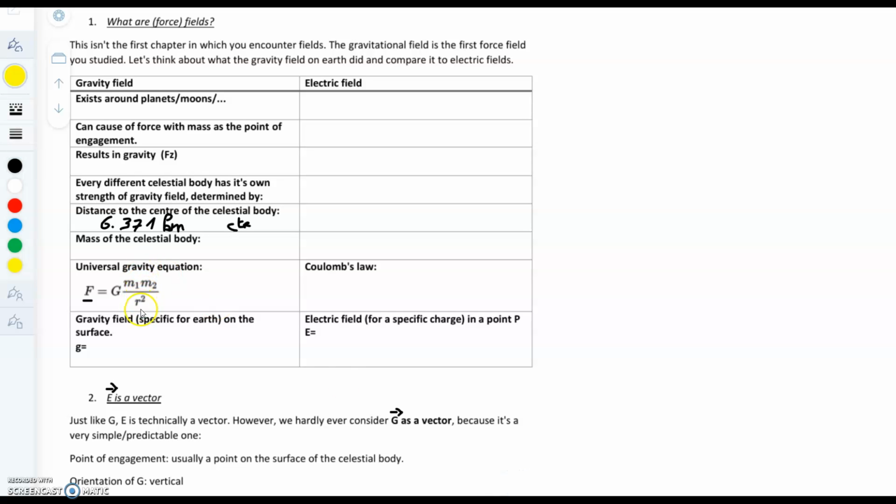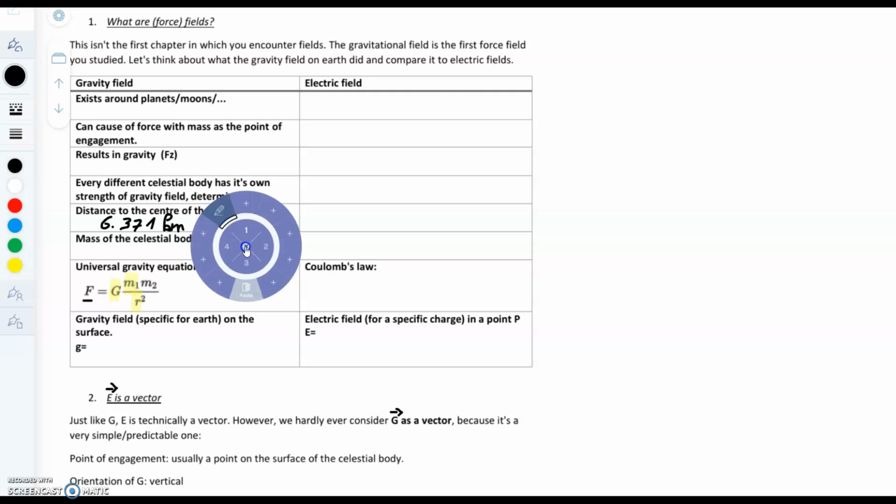Now, let's just recap. What is this universal gravity equation? Well, it is a certain constant value, G, capital G in this case, multiplied by the first mass of the celestial body and divided by the distance to the center of the celestial body. Now, like I've said, that distance is a constant.